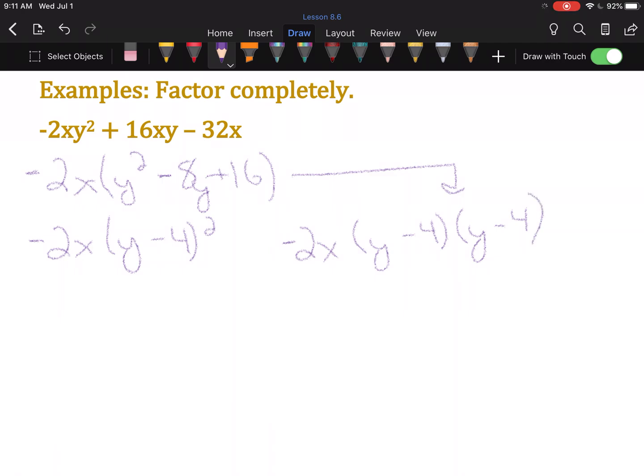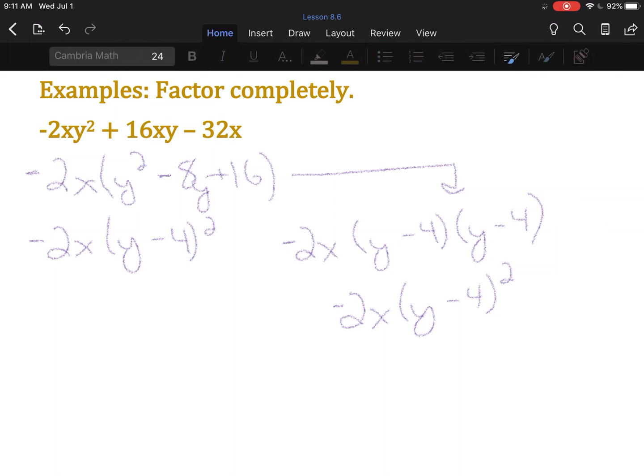And now you should see that you've got that y minus 4 term doubled. So you really do need to write it as being squared. Yes, you would lose credit if you stopped here. That's not enough. You must take it to negative 2x times the quantity of y minus 4 squared.